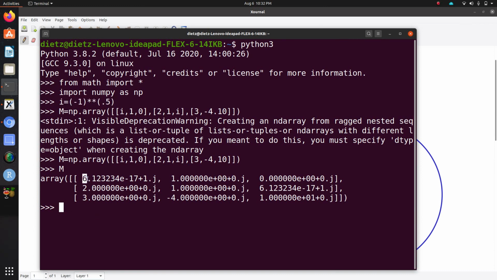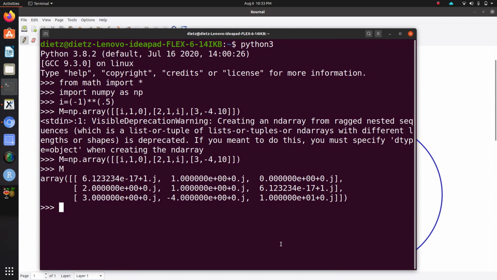And so this piece is actually 0 plus I, and then 1, and then 0, and then 2, 1, I, 3 minus 4, and this one is 10, right? So actually it's 1 times 10 to the power of 1. So we're good to go. That looks like M to me.